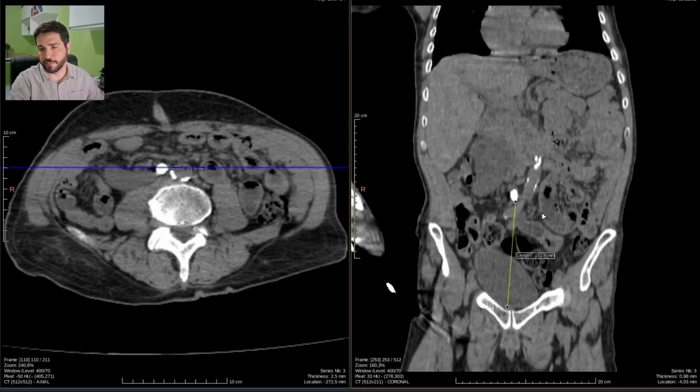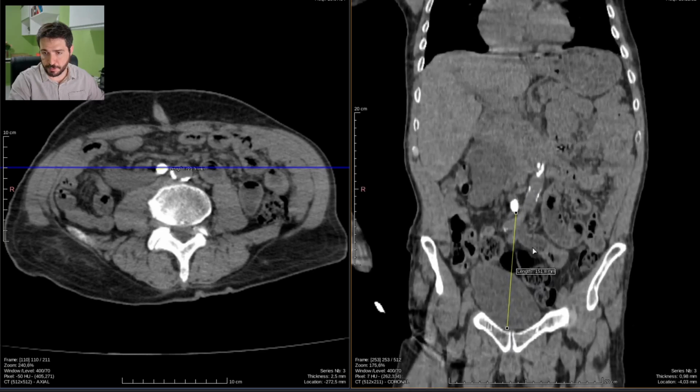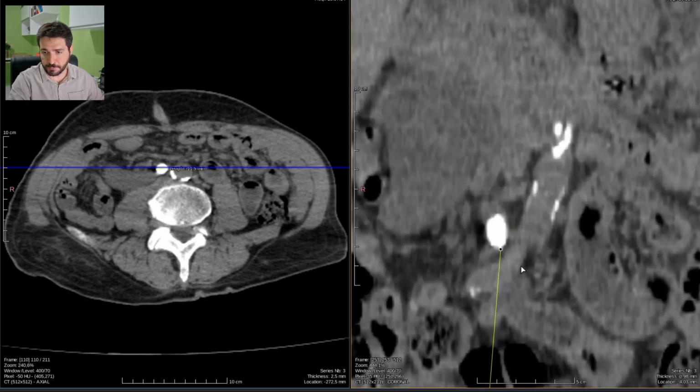And we can readily measure this stone. It's approximately 15 centimeters to the entrance of the urinary bladder. And this stone measures, let me just zoom in so you can see better.